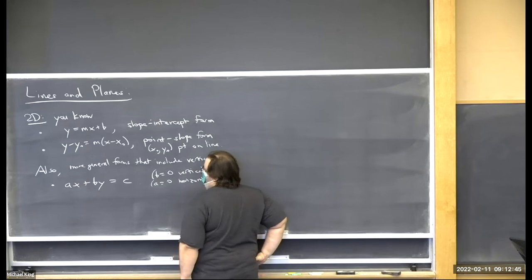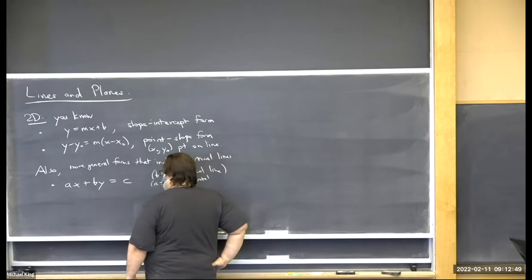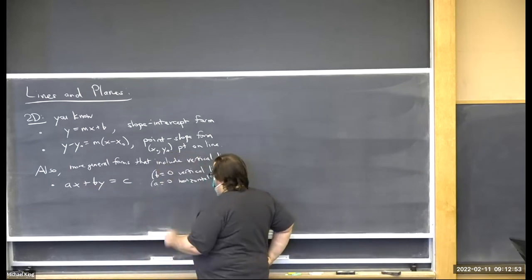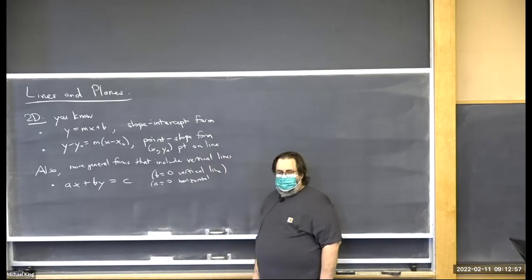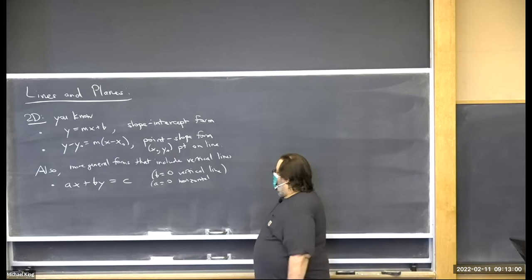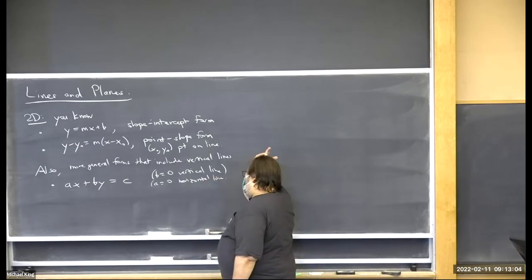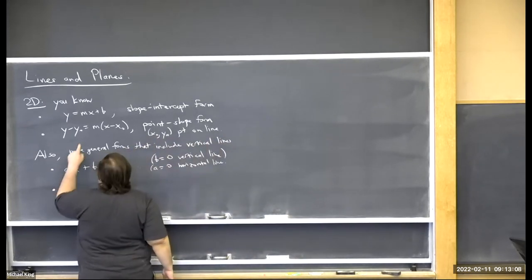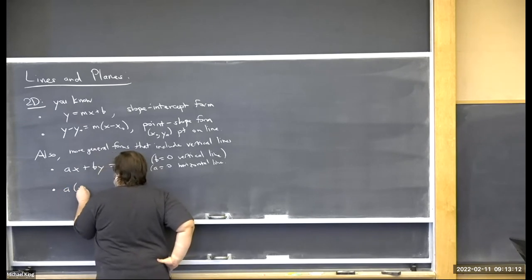And otherwise, you can sort of solve for y, and I think the slope is probably minus, what is it, minus a over b or something like that. Slope of this line. And so that's one way to do it. But there's also like, I could do something even a little more general, like a version of point slope, which is something like this.